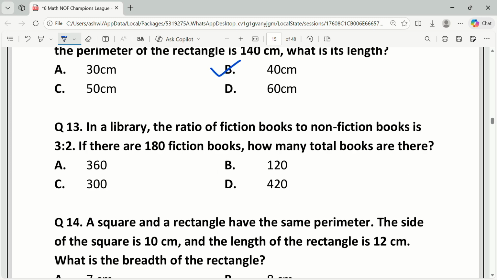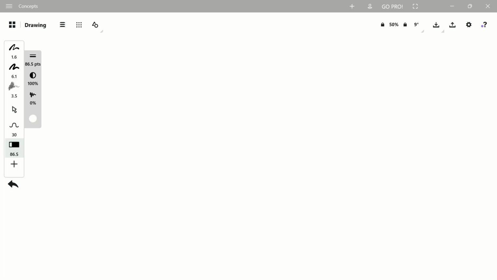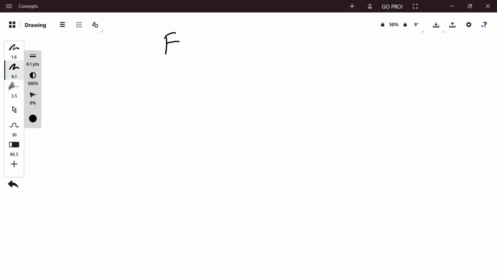In a library, the ratio of fiction book to non-fiction book is 3:2. If there are 180 fiction books, how many total books are there? The ratio of fiction books F to non-fiction books NF is 3:2. There are 180 fiction books. That is F is to NF is equal to 3:2.